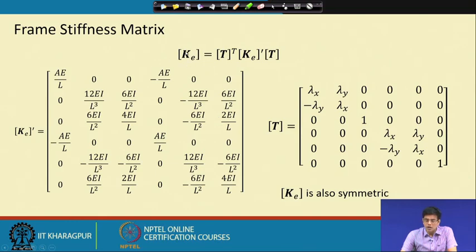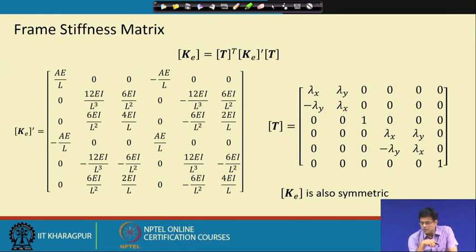Now, it is interesting to know that this non-prime stiffness matrix is also symmetric. This you can verify. You just need to multiply the transpose of the transformation matrix with the prime stiffness matrix, and then again multiply by the transformation matrix, to get the stiffness matrix in the non-prime, global or structural coordinate system.